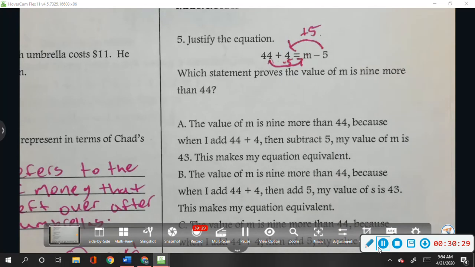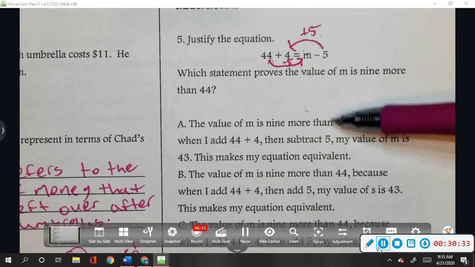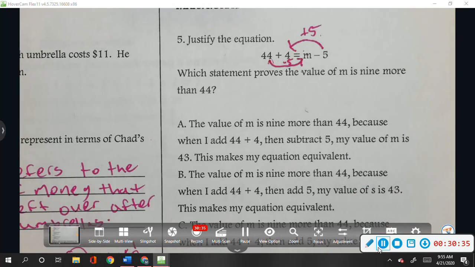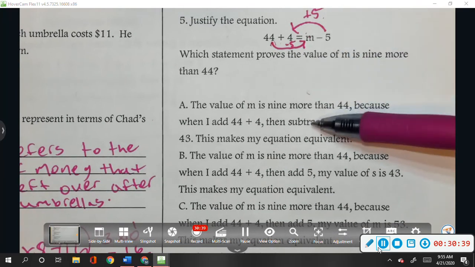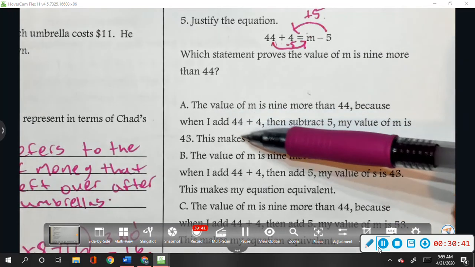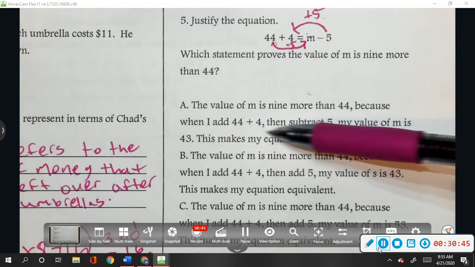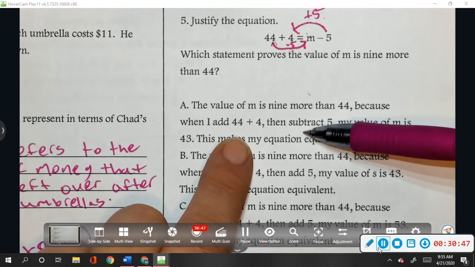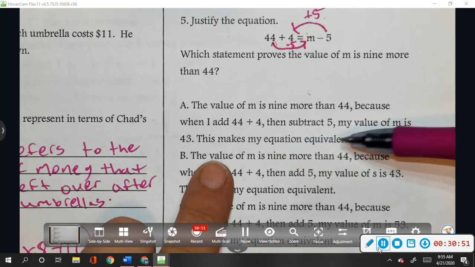Once we do that, you go through the options and find out which is true. A says the value of m is 9 more than 44 because when I add 44 plus 4, then subtract 5, my value of m is 43. This makes the equation true.